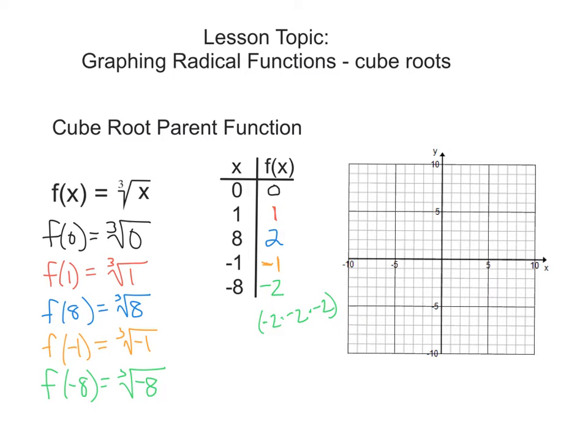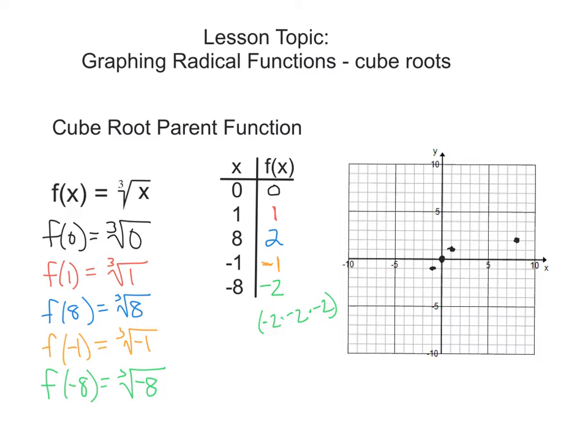Okay. So if we plot these points, we'll see what a cube root function will look like. 0, 0 is right here. 1, 1 is right here. 8, 2 is right here. Negative 1, negative 1 is right here.